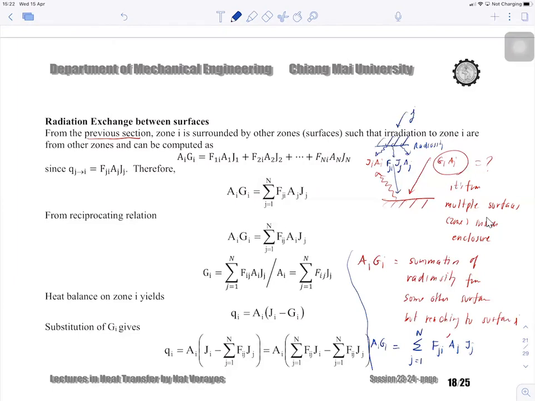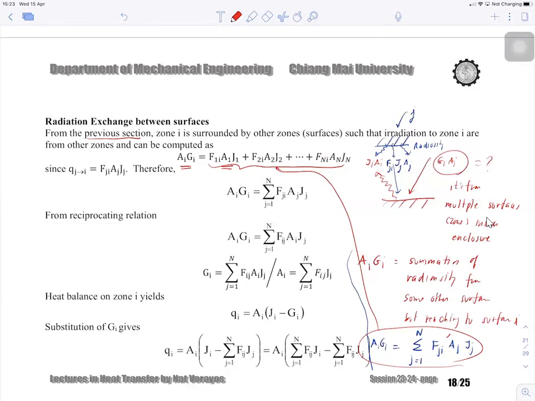So if you talk about AIFJI, it's going to be the part of the radiosity from surface 1 to surface I. I'm just trying to write this equation in reverse: F1I A1 J1 plus F2I A2 J2 plus dot dot dot plus FNI AN JN.